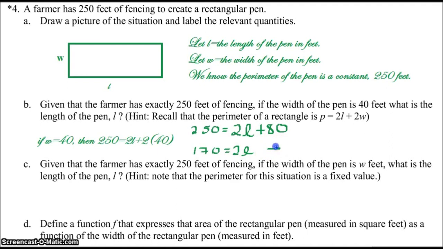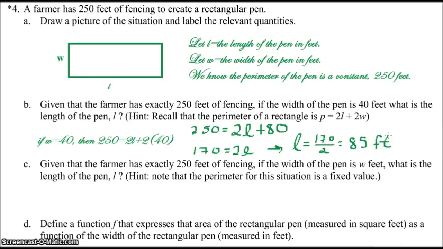I can divide both sides by 2, and then L equals 170 over 2. And notice that it makes sense. If twice the length is 170, then the length has to be half of 170. And that comes out to, I'm thinking, 85. So that's length 85 feet.